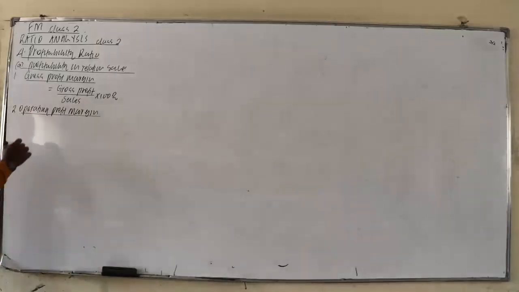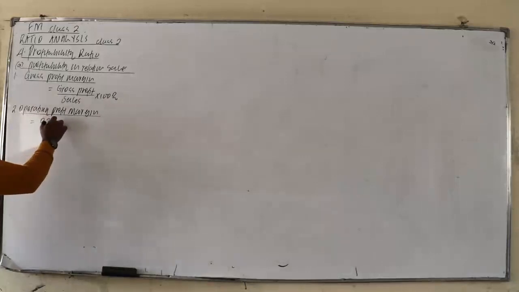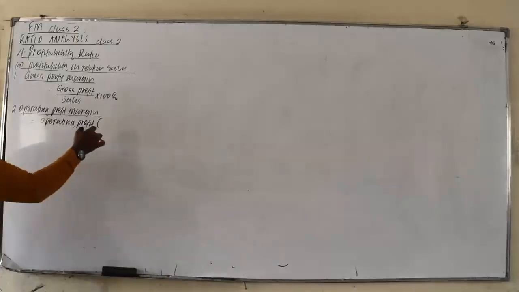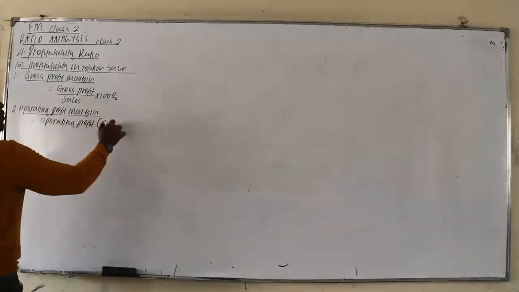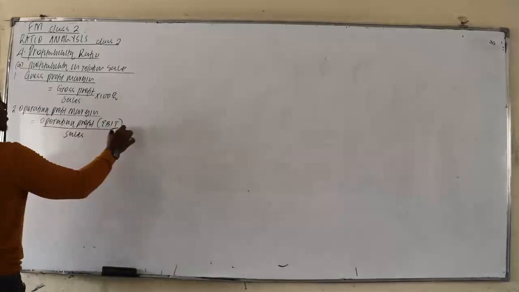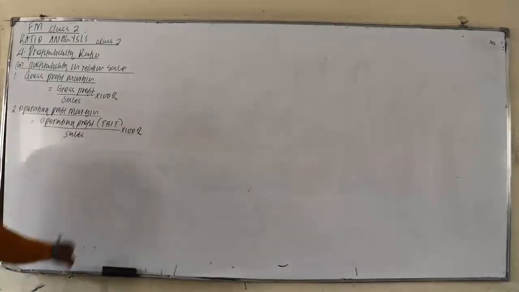So how do you get the operating profit margin? You take the operating profit, which is the same as the earnings before interest and tax. Then you divide by the sales times 100%.